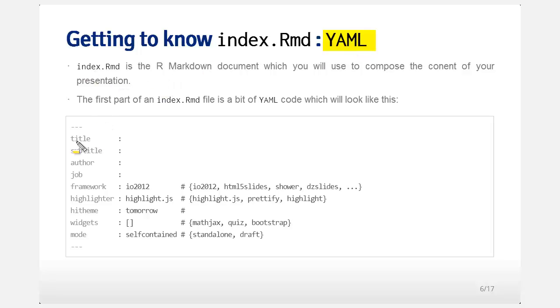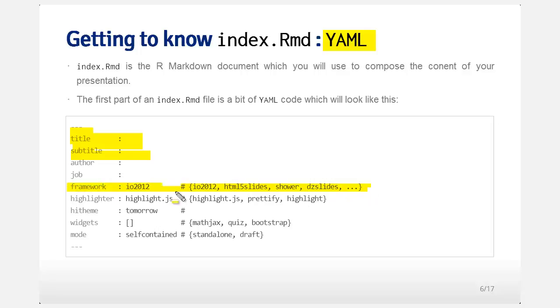Anyway, it's this specific format where you have a bunch of fields or parameters, then a colon and then the values they take, with a pound sign meaning comment. So here, title will just be the title of your presentation, subtitle will be the subtitle of your presentation, and the slide framework and highlighter we'll talk about.